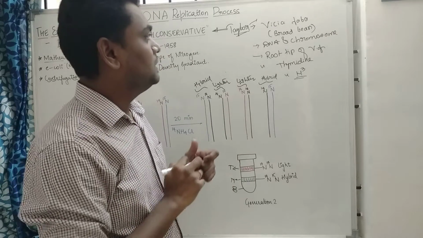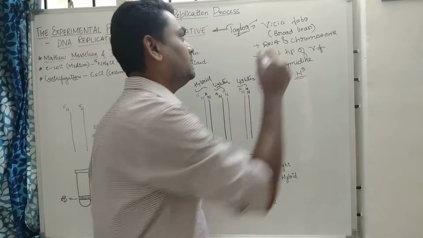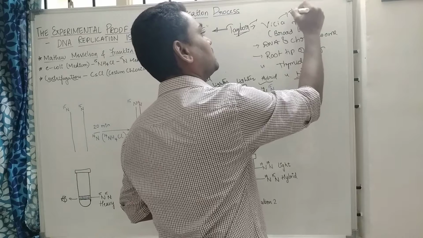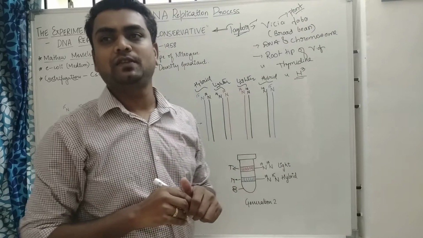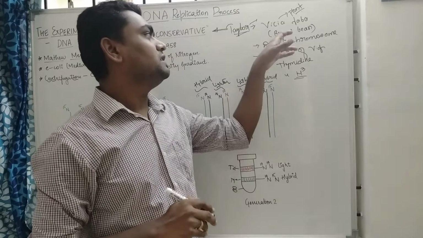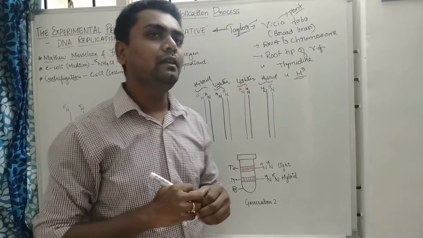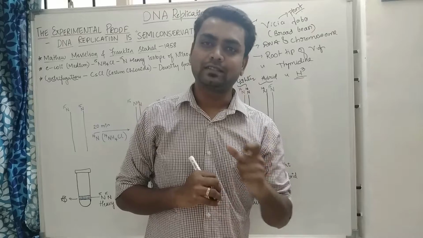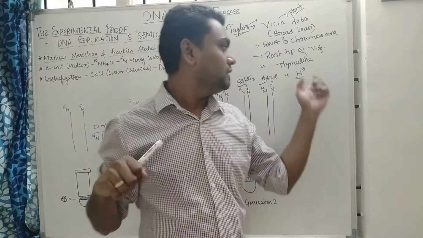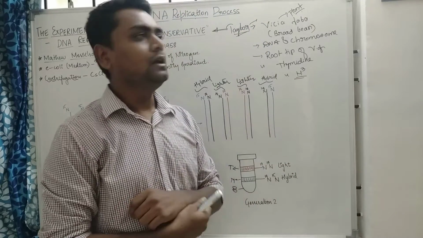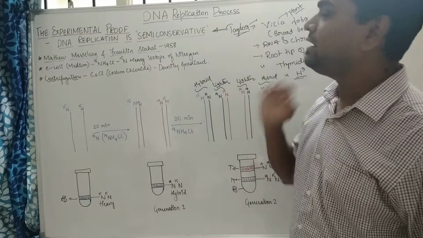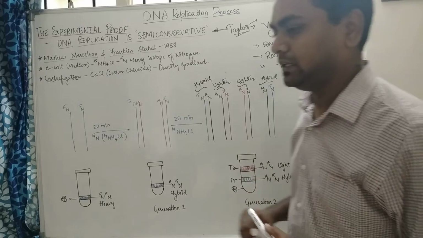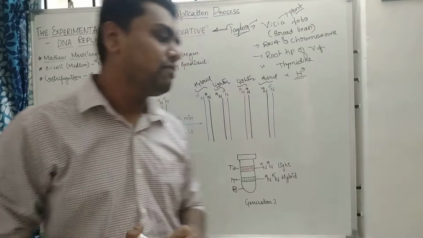Taylor did it in a plant, the broad bean family, Fabaceae. He did it in Vicia faba, and he used thymidine with isotope H3. Here they used N15, but he used H3 as the isotope. He also concluded DNA replication is semi-conservative. Just remember the Taylor point and which plant he used, Vicia faba.